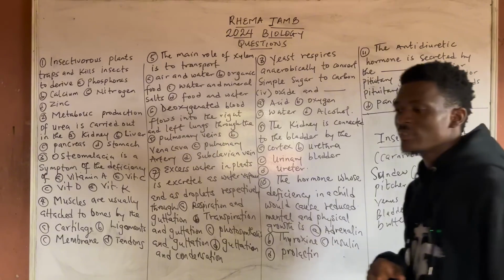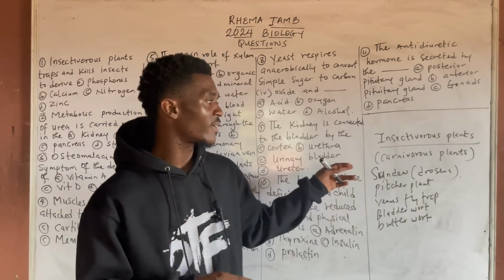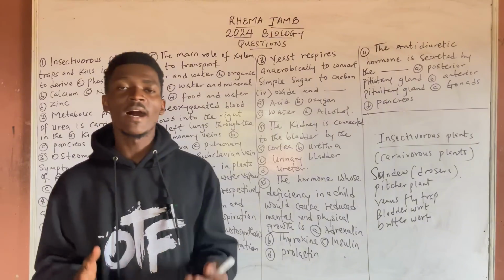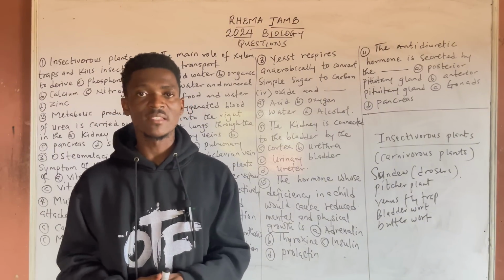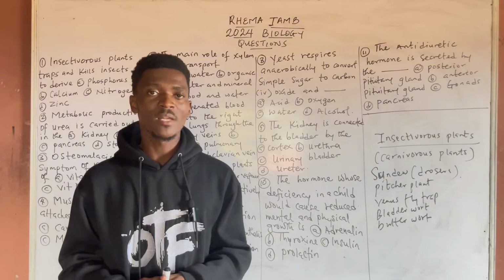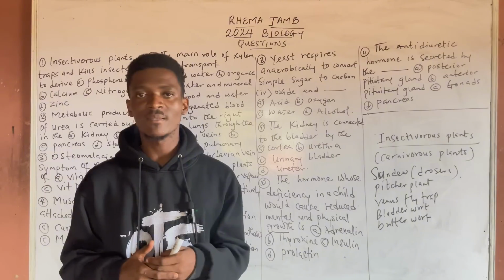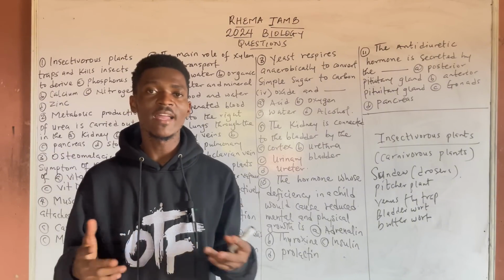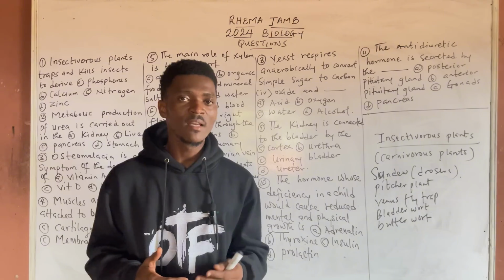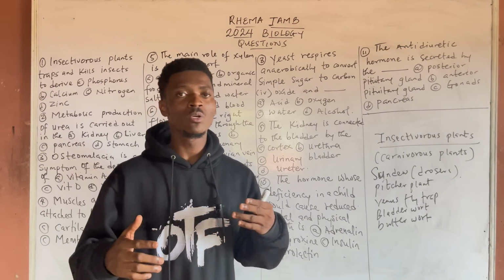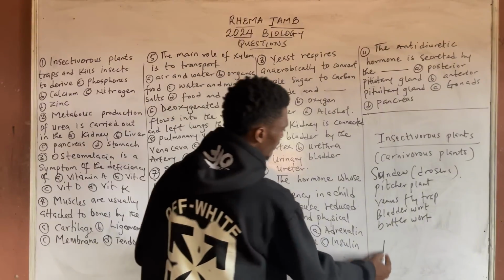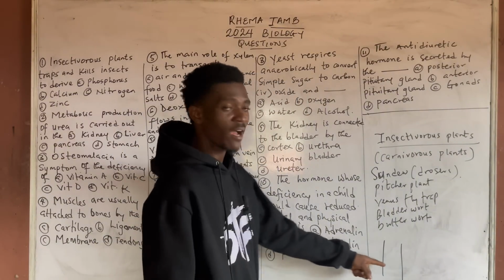Mind you, never should you mistake carnivorous or insectivorous plants for parasitic plants. Parasitic plants are plants that become parasites to their host plants, and host plants are usually higher plants. Let's say this is the bark of a tree, and this is their host plant.